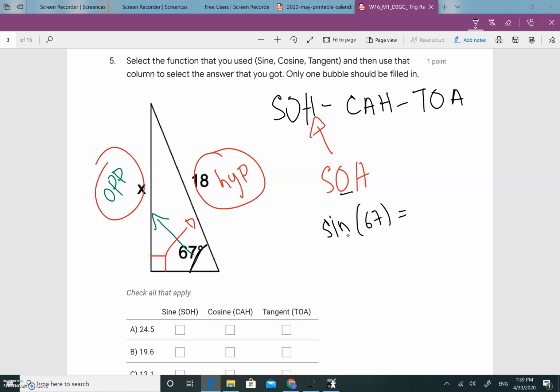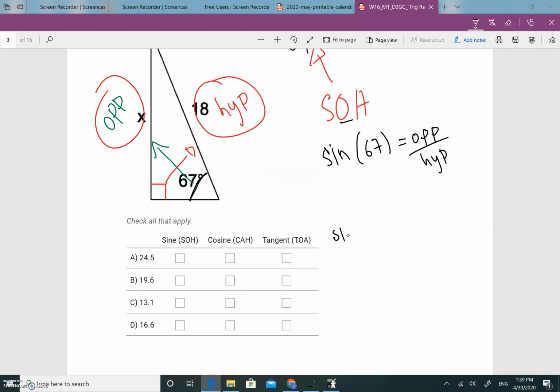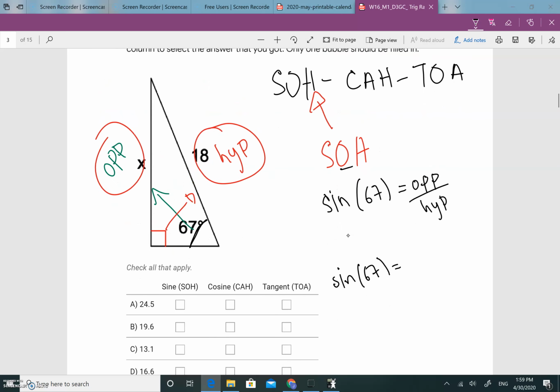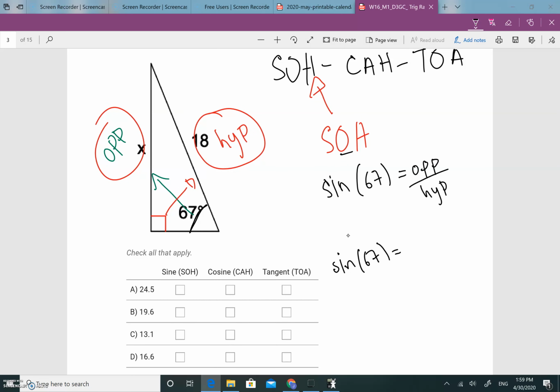And remember, O means opposite. So let's write it down. Opposite over hypotenuse. So sine of 67 is equal to opposite. Well, the opposite is x, and my hypotenuse is 18.